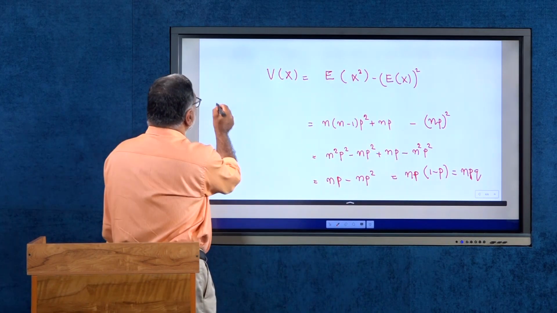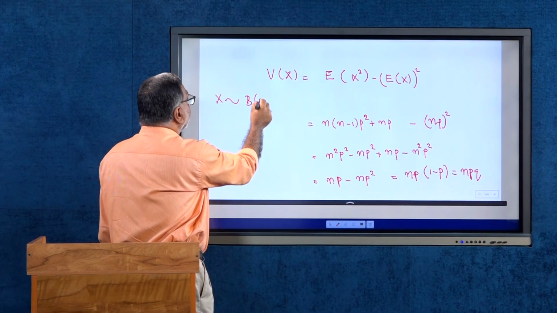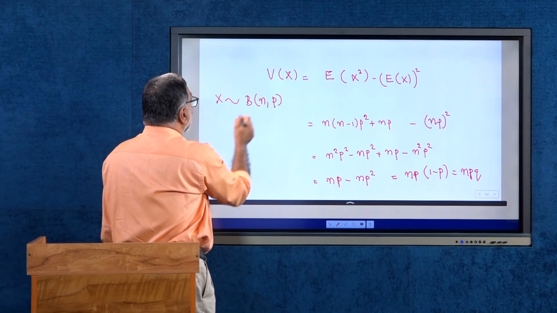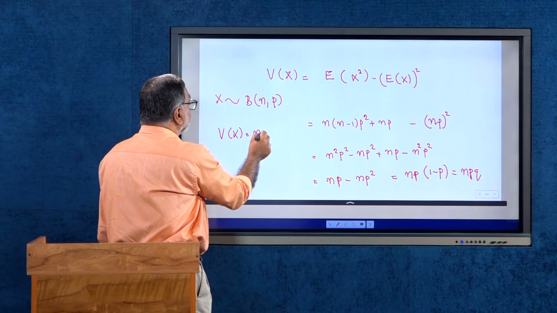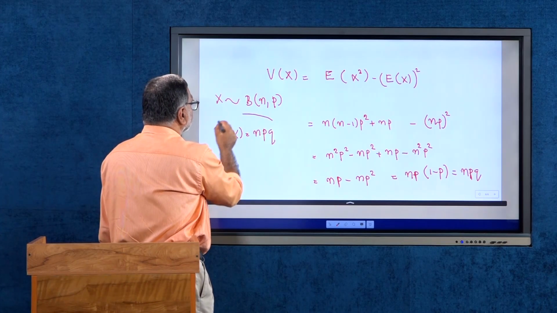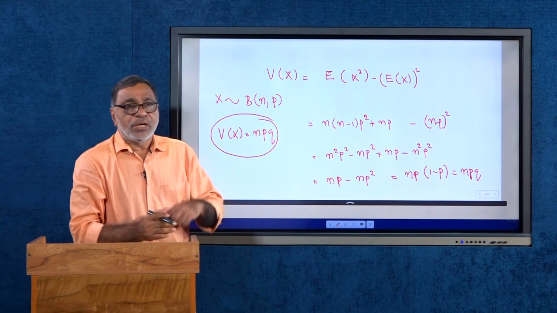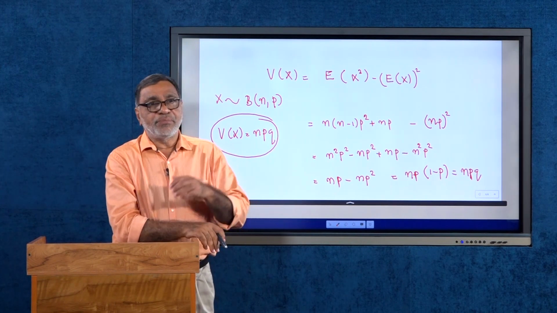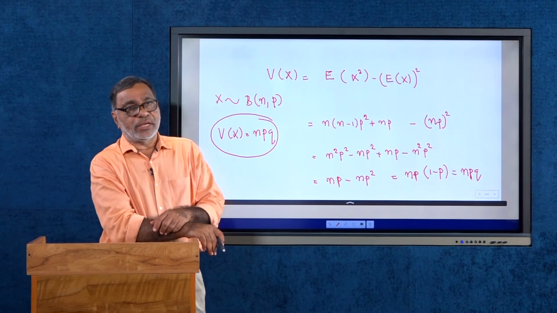So, remember, if x is a binomial random variable with parameters n and p, our variance of x is npq. So, variance of x is equal to npq, and earlier we discussed the mean of the binomial random variable, that is mean of x is equal to np.